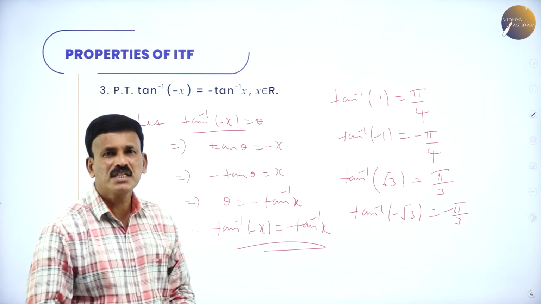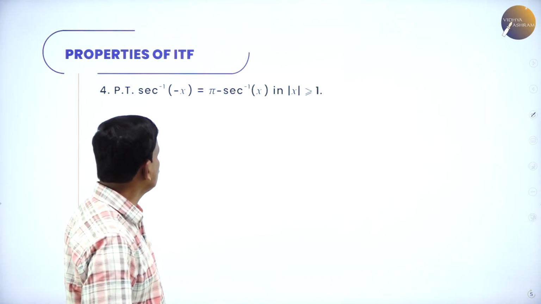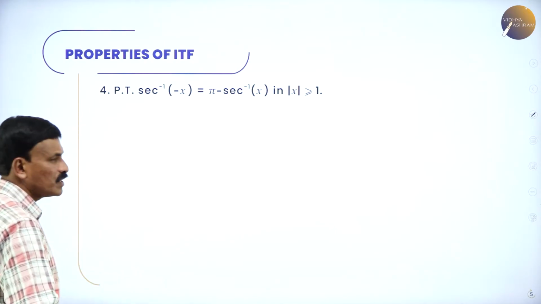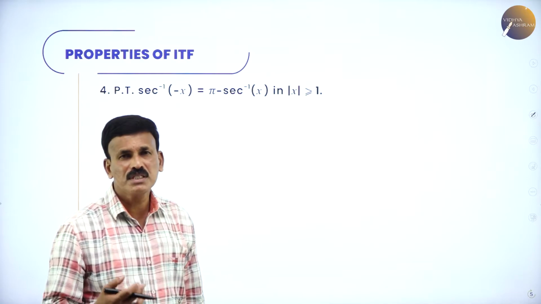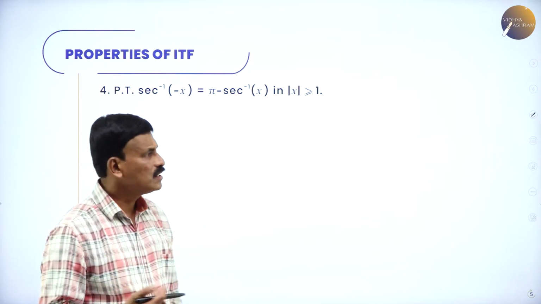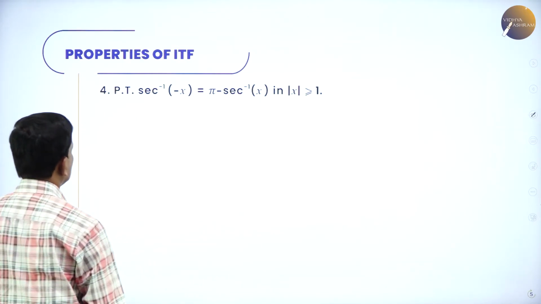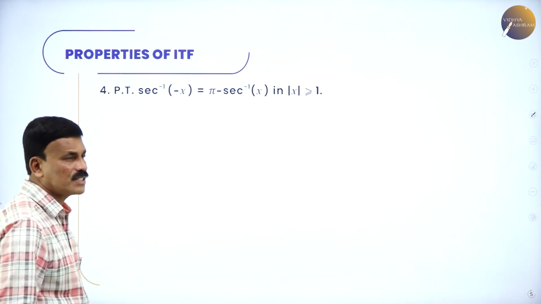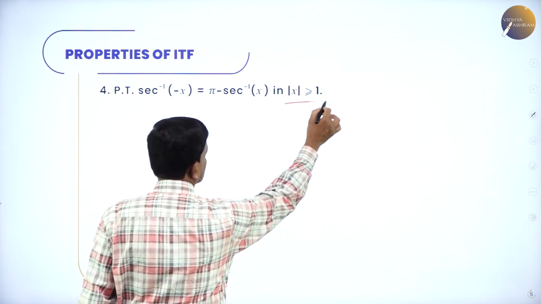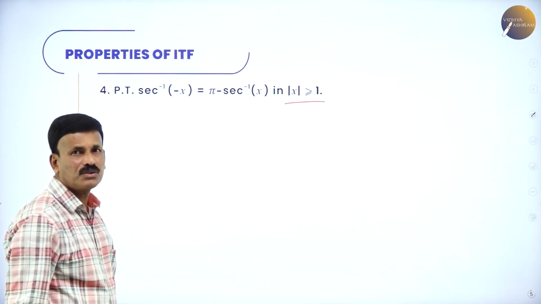Now let us come to the next property. The next property is this fourth one. Similarly, we are going to study the remaining properties: secant, cosecant and cot. Now let us come to this property. Prove that secant inverse of minus x is equal to pi minus secant inverse of x, where mod x is greater than or equal to 1.